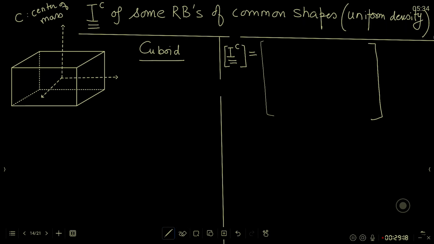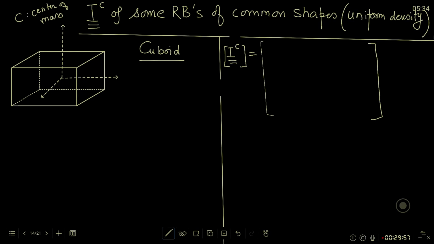Okay. You will realize that so far in this course, whatever I have talked about the inertia matrix, I have not really done any integration per se to find exactly what the various components of the inertia matrix would be. I'm going to do that now, and I'm going to do that integration process for very simple shapes like that of a cuboid as I have shown.